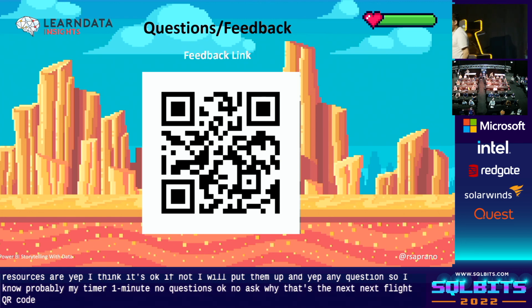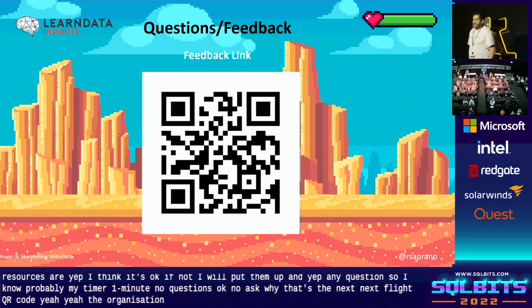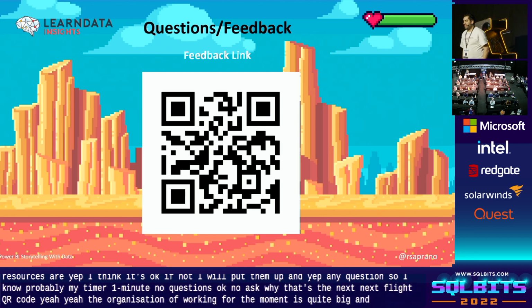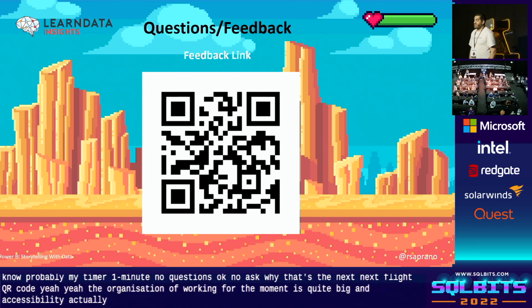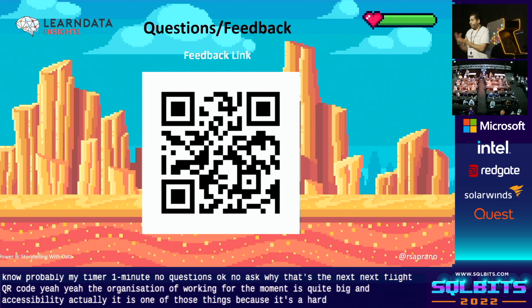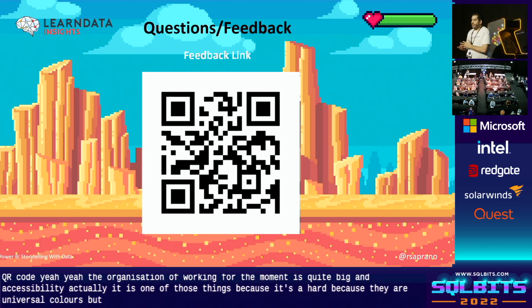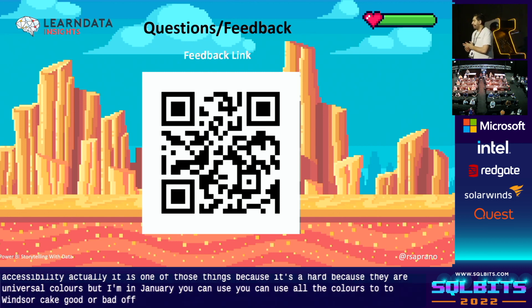Do you ever get into trouble with red, green scheme? Yeah, the organisation I'm working for at the moment is quite big on accessibility, actually, and it is one of those things because it's a hard balance because they are universal colours. But generally, you could use other colours to indicate good or bad or favourable or unfavourable.